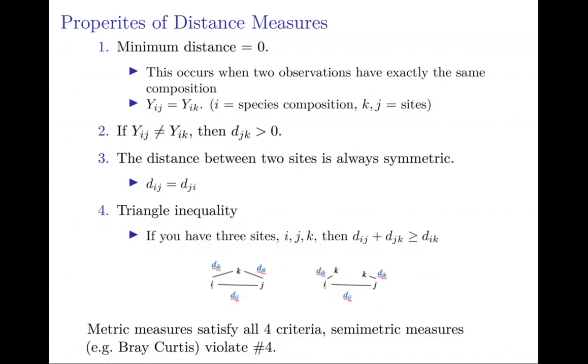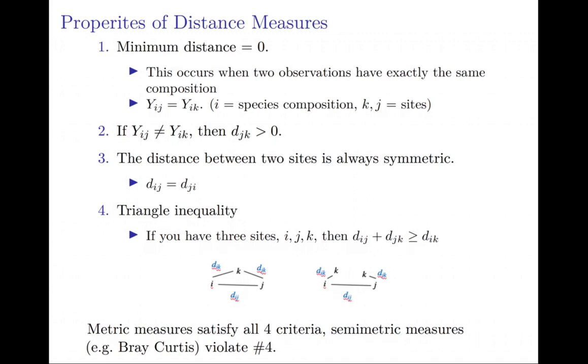And then the fourth property is not met for all metrics. We'll get to that in a second, but it's the triangle inequality. If you have 3 sites, say i, j, and k, then the sum of any 2 of your distances between those sites is going to be greater than or equal to the third.